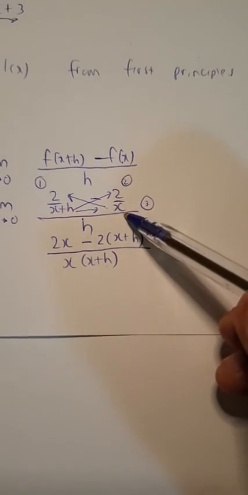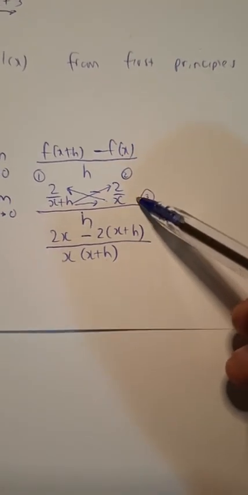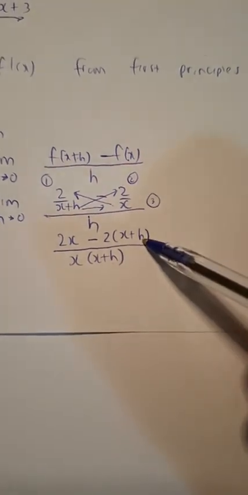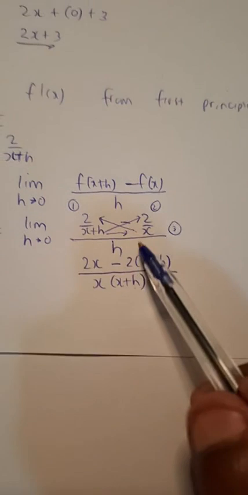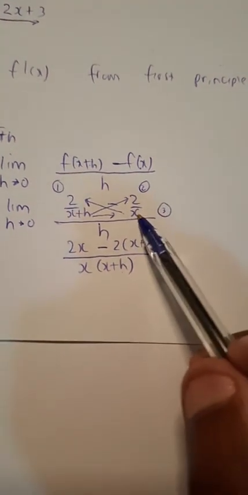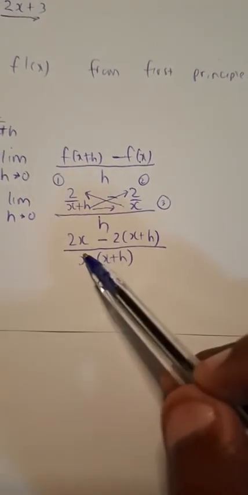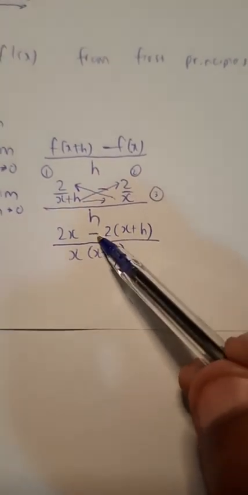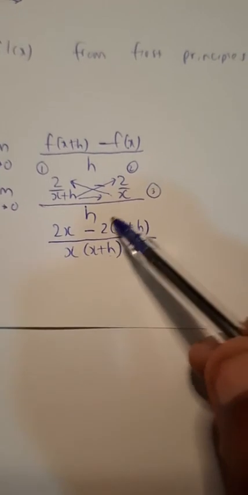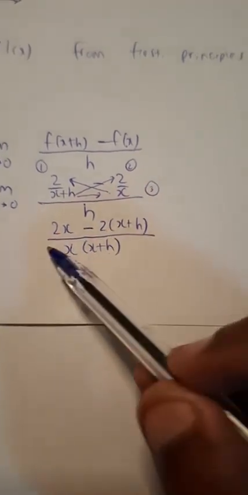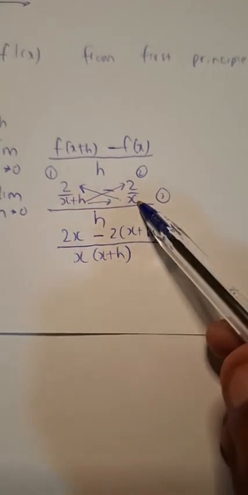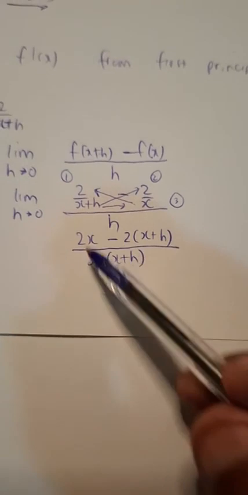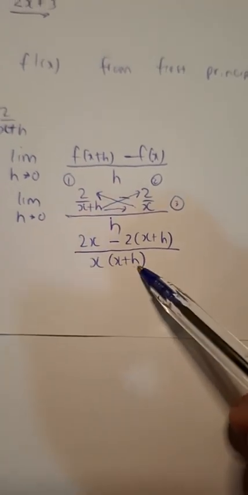You multiply by x plus h, and what you do at the bottom, you do at the top, which is why this x plus h is there. So the shortcut is to take this x, multiply with the 2, you get 2x. Take this x plus h, multiply with the negative 2. Remember, negative 2, you write in brackets x plus h, over, you multiply the denominators. X times x plus h gives you x into x plus h.